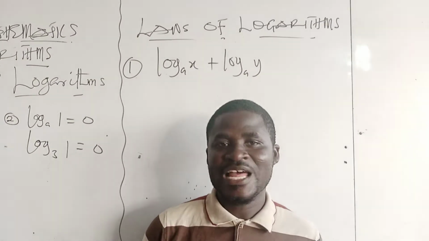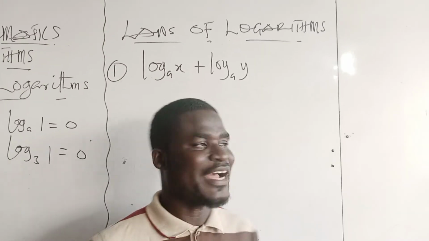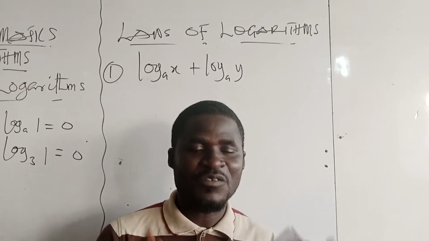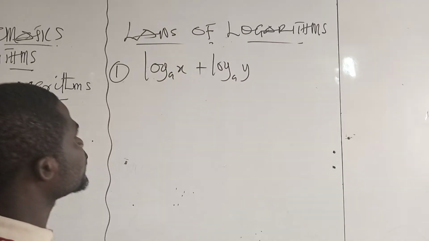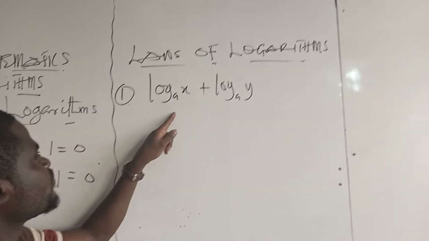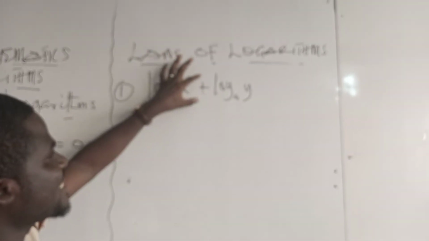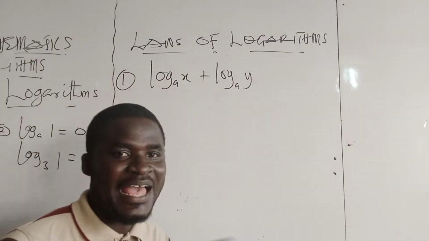Okay, now we are done with the properties of log. We are going to look at laws of log. The first law says that whenever we have log A x plus log A y, we multiply the numbers.